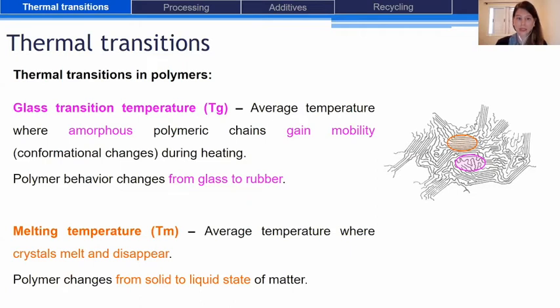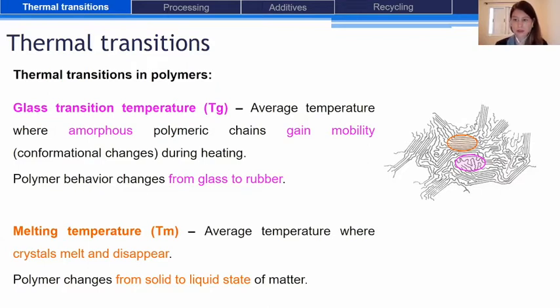They do not have mobility. And through this glass transition temperature, they begin to gain mobility. In fact, the chains have rotational and translational motions, so we say they present conformational changes. Through this Tg, there is a change of polymer behavior. For example, the physical properties of the polymers are modified.